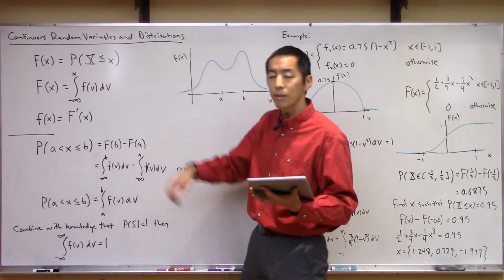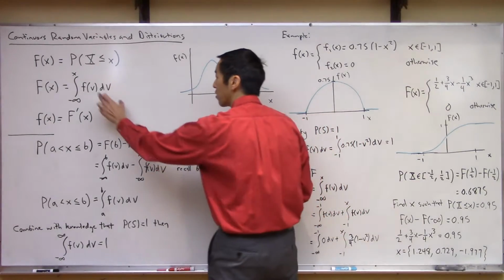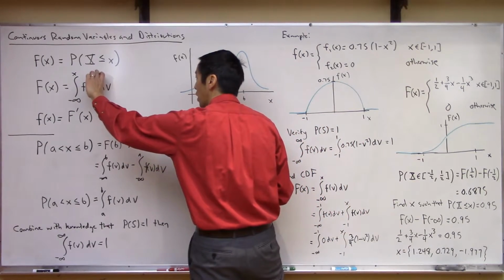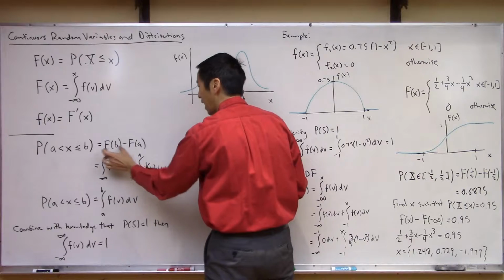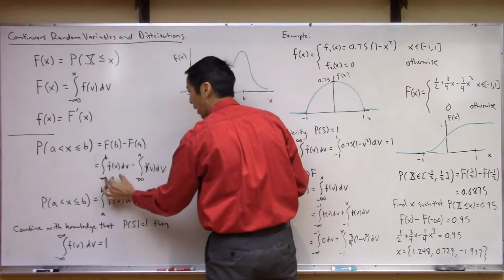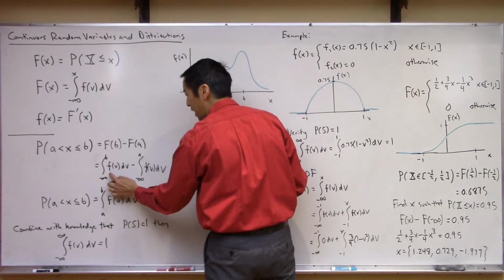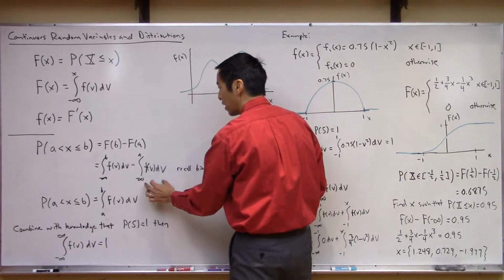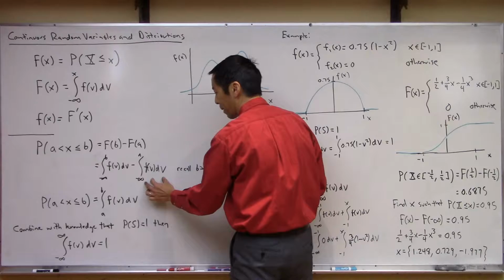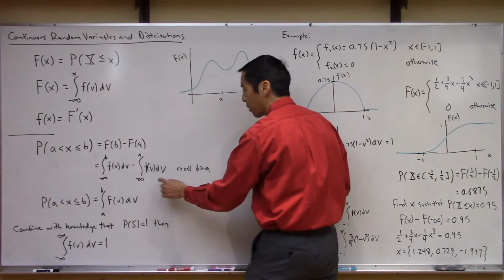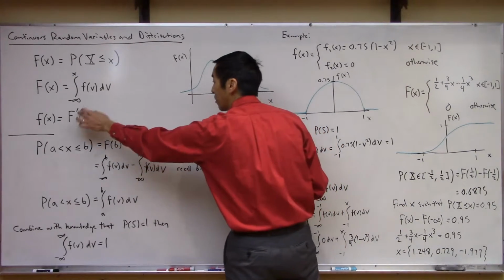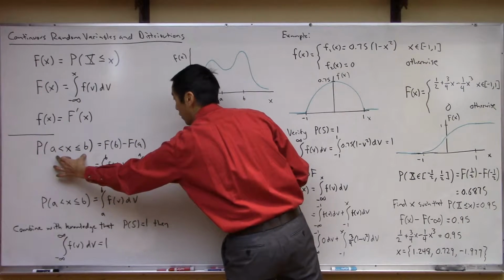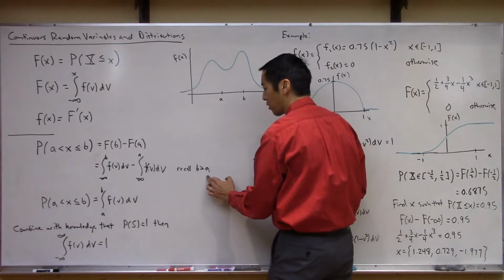Now, what's interesting about this in the continuous case is let's substitute our definition for this integral for these CDFs. So here's the CDF at the upper bound. It's just the integral of the PDF from negative infinity to the upper bound, minus the CDF at the lower bound. Now, if you remember that a and b are the limits of the interval, we know that b is strictly greater than a.